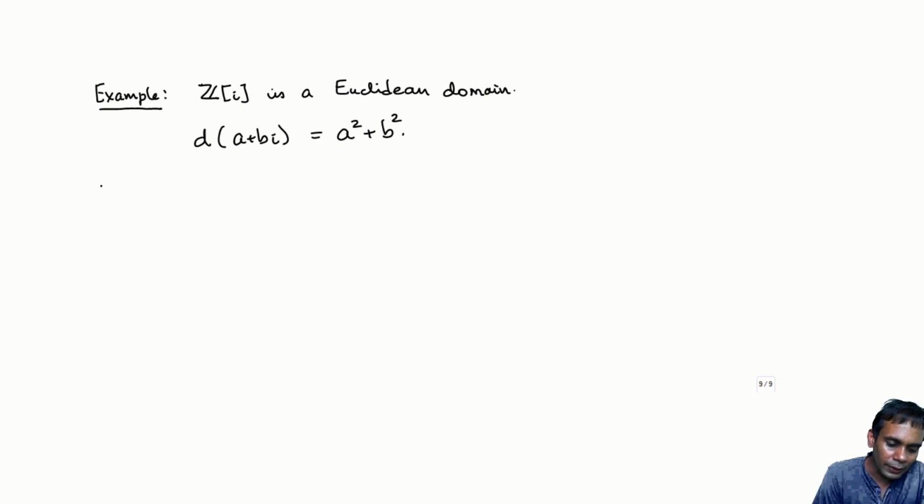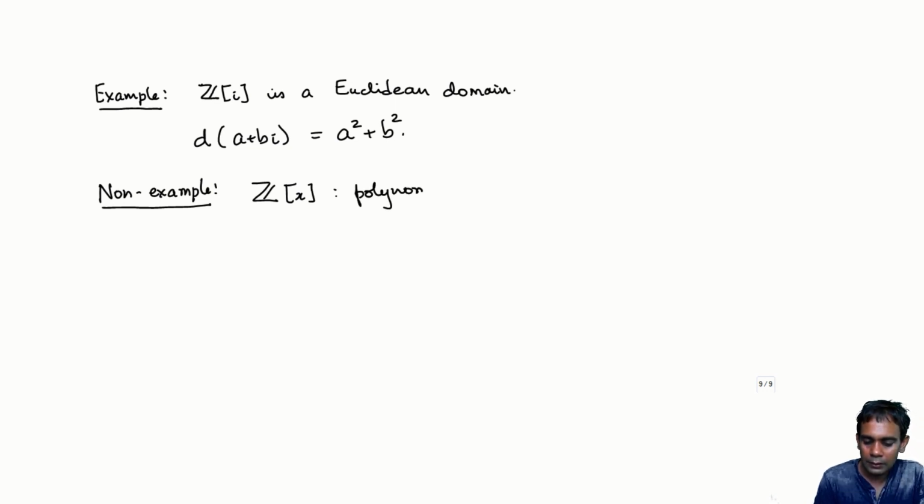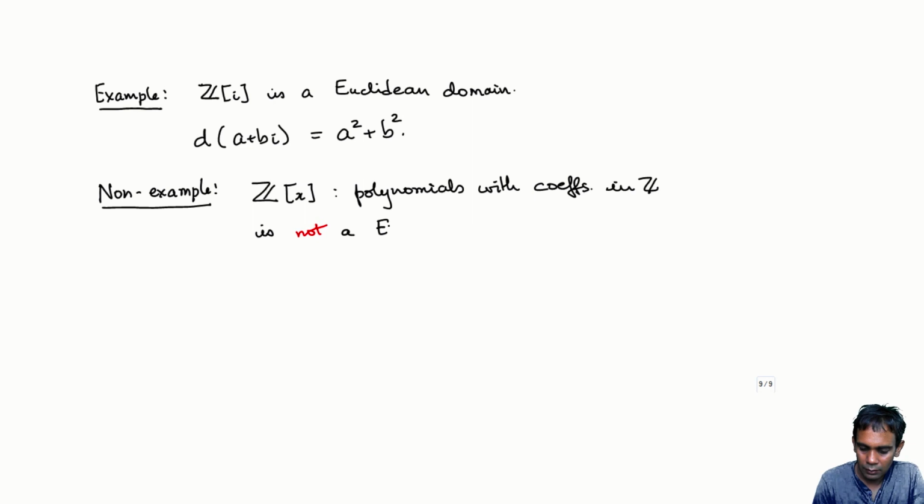And let me end with a non-example. So we've been working with polynomials with coefficients in a field. But if I take Z[x], polynomials with integer coefficients, then this is not a Euclidean domain. Why is that?